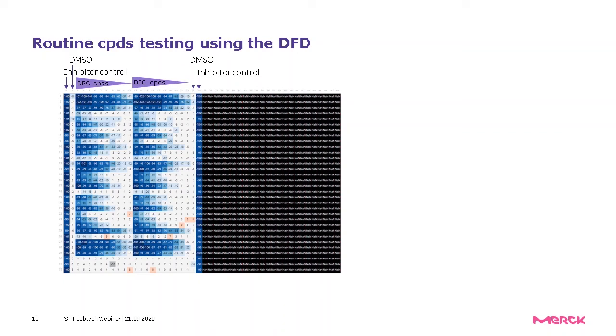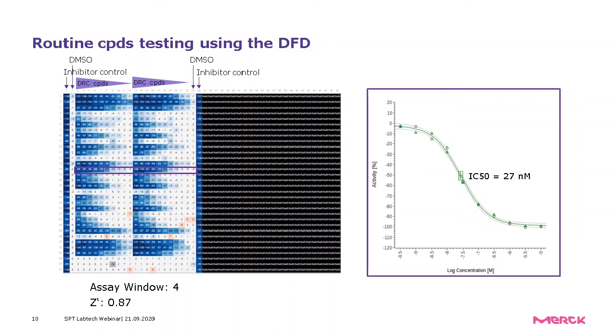When we now look at how the data actually look, we use here one compound, and the dose response looks like this. And we can nicely see a pharmacological dependence here, and the IC50 is roughly 30 nanomolar.